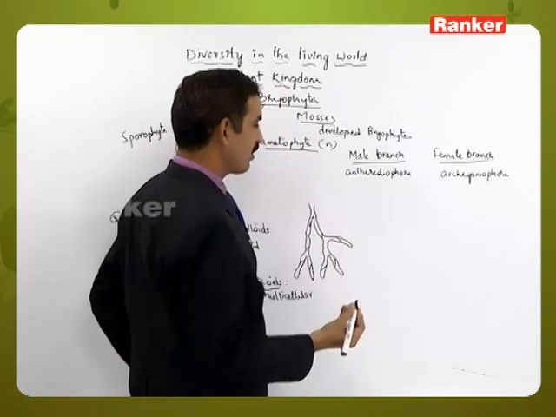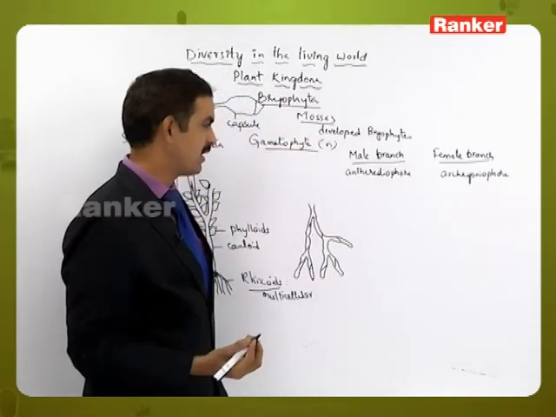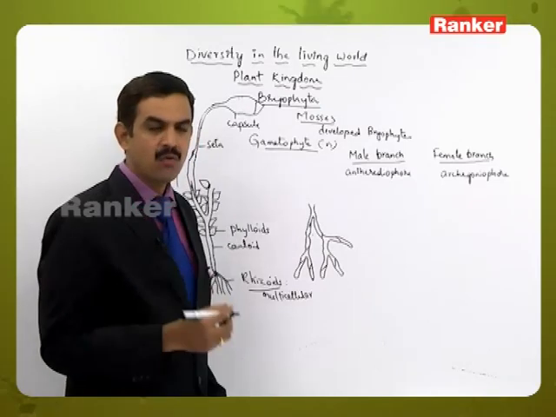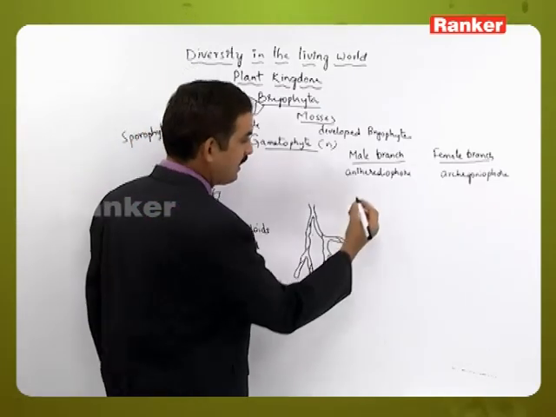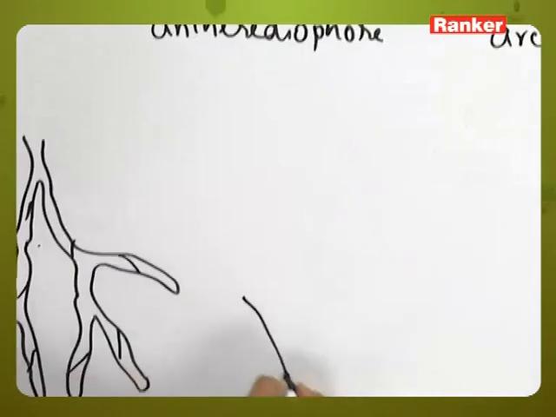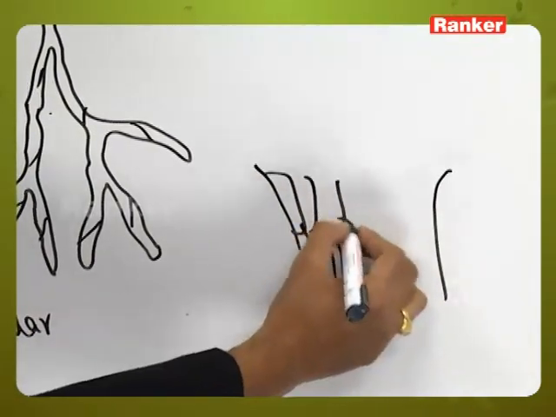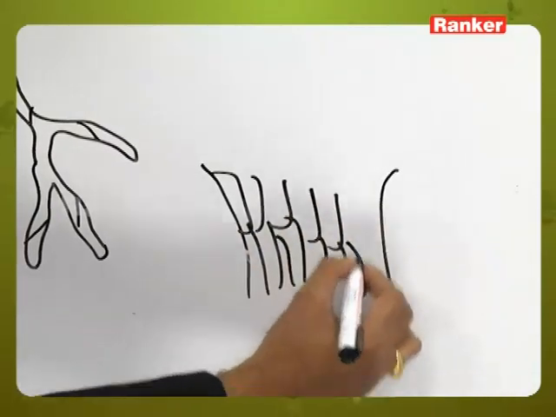The antheridiophore produces antheridia, and along with the antheridia they have paraphyses. So these are the cells in the male axis.